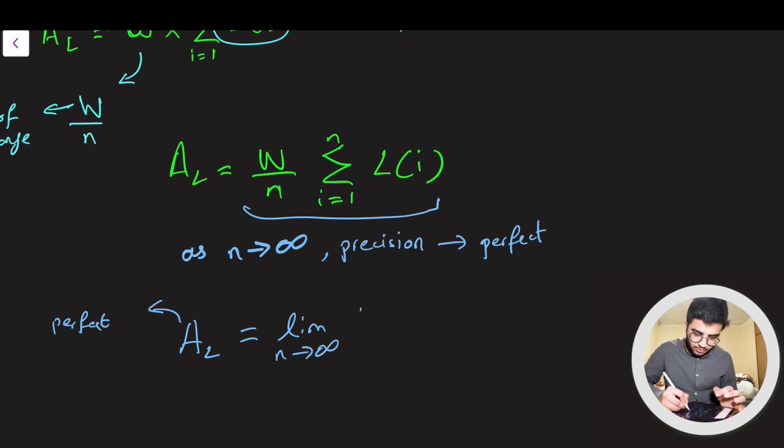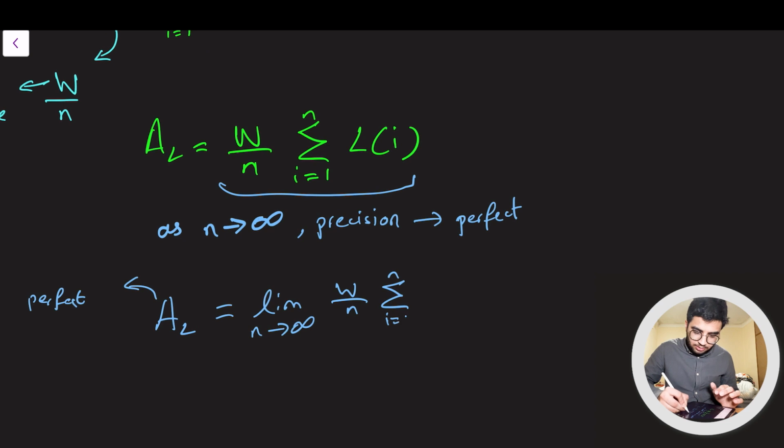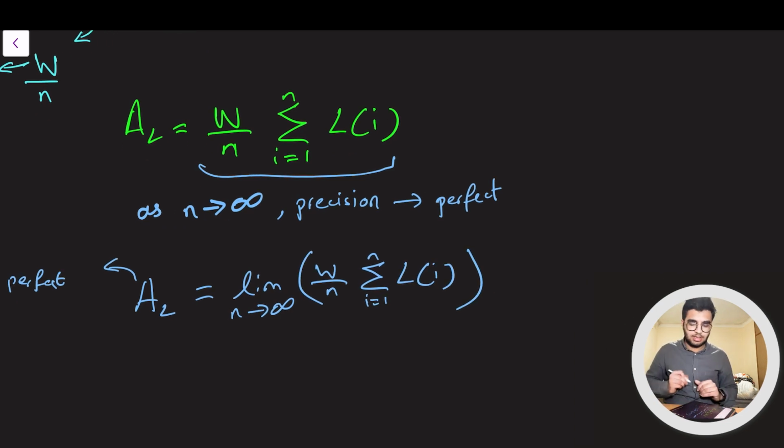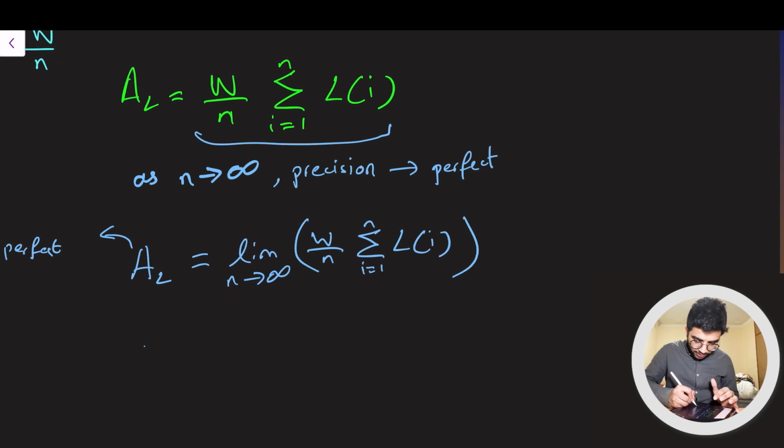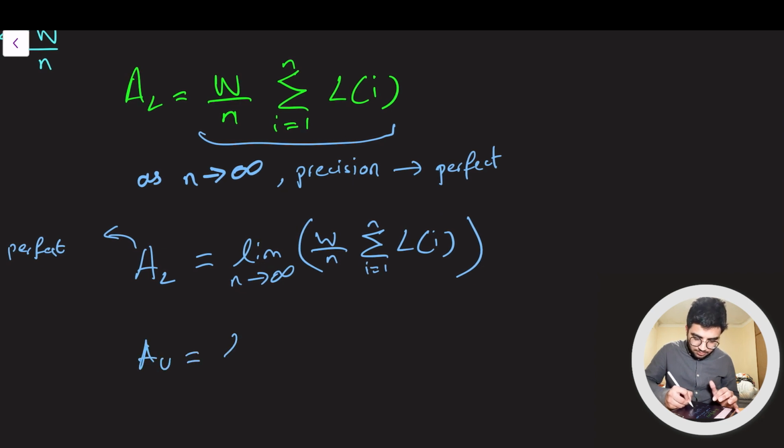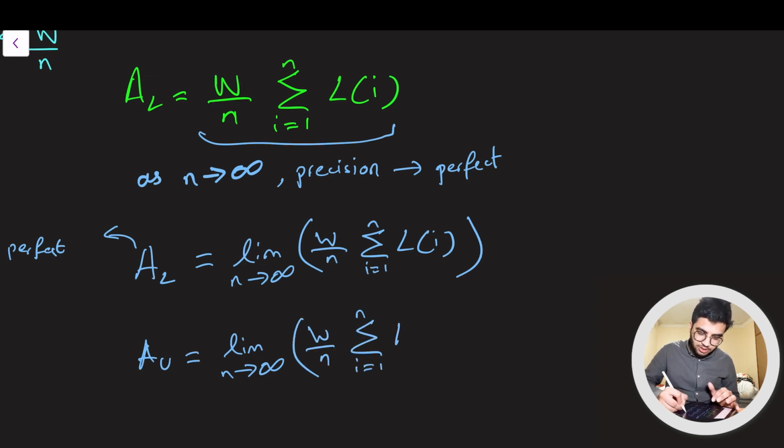Because this is just an area, as n approaches infinity of this, we would get the perfect lower area. Same thing would happen with the upper area, limit as n approaches infinity. Same thing, except this time it would be h of I, highest point instead of lowest point, okay?